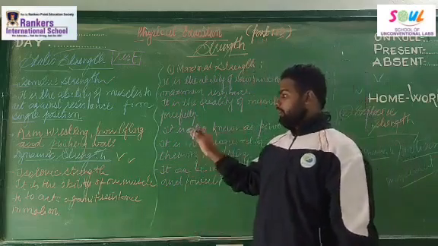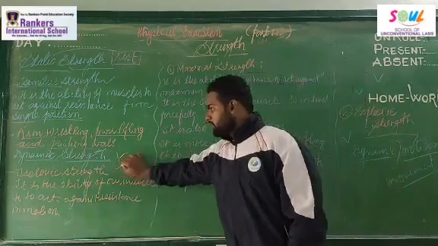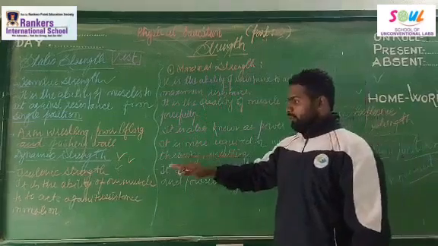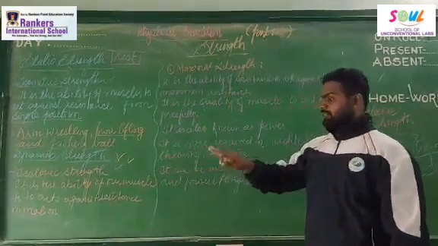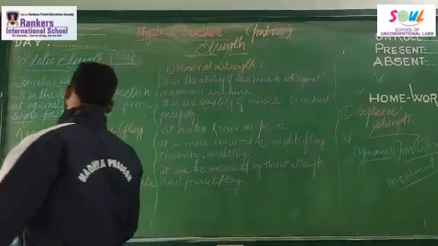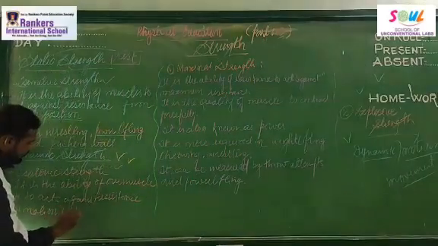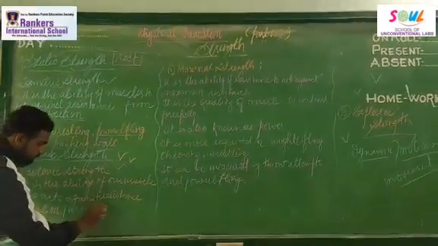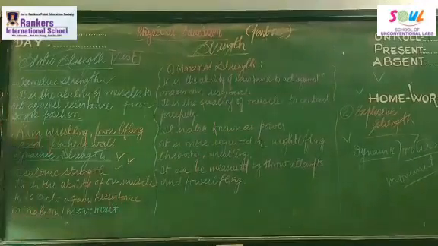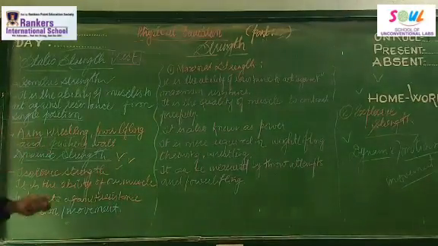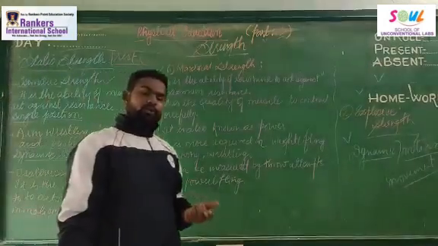So dynamic strength is also called isotonic strength. It is the ability of our muscles to act against resistance in motion or in movement. Dynamic means things which are in motion.